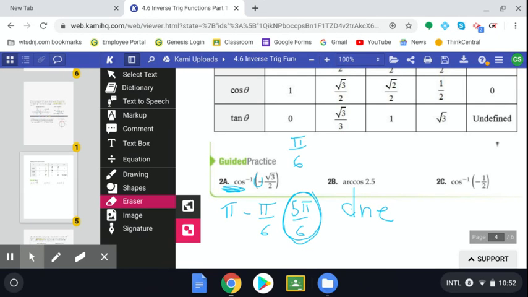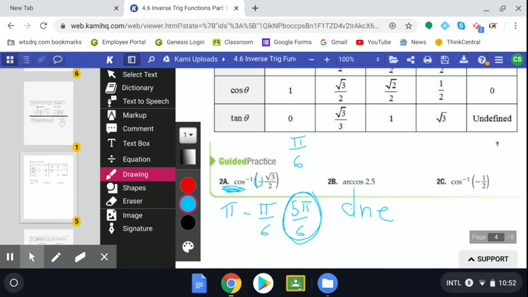I know that cosine 60 is 1/2. So 60 is pi over 3. But now I want a negative. And remember, for inverse cosine, the angle has to be in the first and second quadrants. So now I have to do pi minus pi over 3, which is going to give me 2 pi over 3.